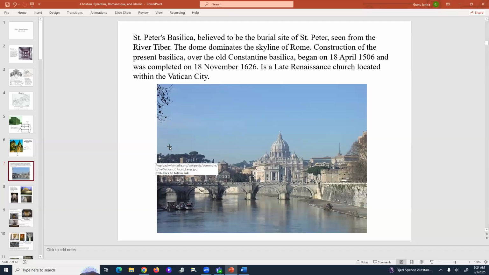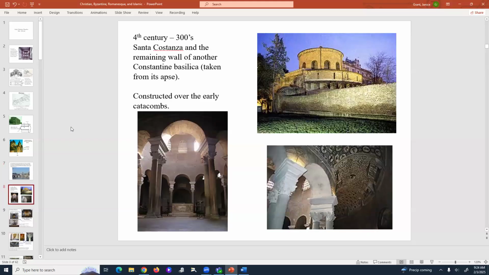The dome dominates the skyline of Rome. This is the construction of the present basilica over the old basilica that we were just looking at. We'll come back to this when we look at the late Renaissance style.